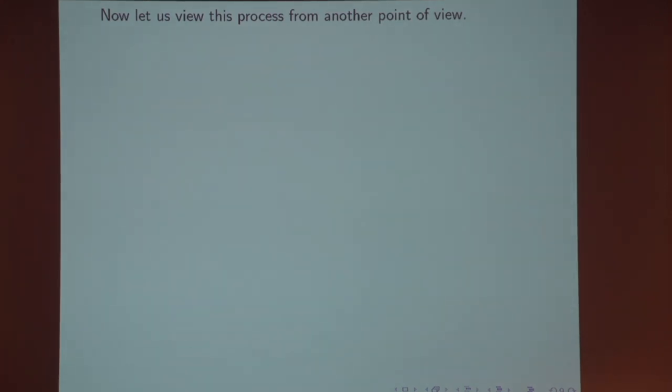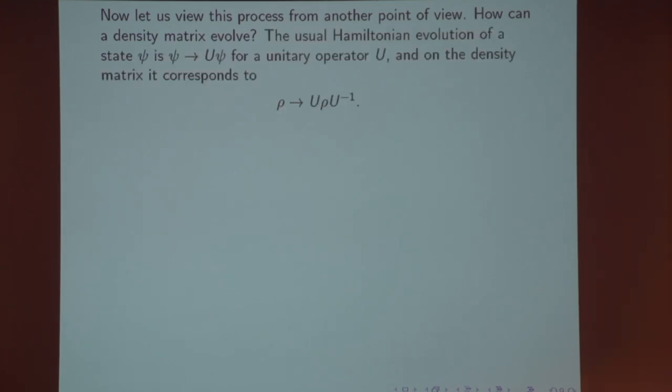Now let's view this from another point of view. How can a density matrix evolve? The usual Hamiltonian evolution of a state is that psi goes to u psi for a unitary operator u. On the density matrix, it corresponds to conjugation. Rho goes to u rho u inverse. That's what you probably learned in your quantum mechanics textbooks.